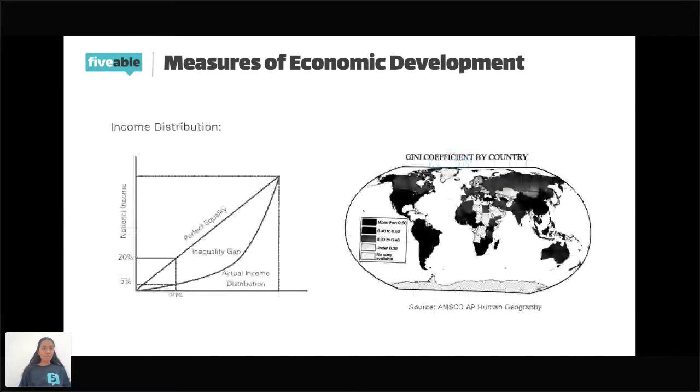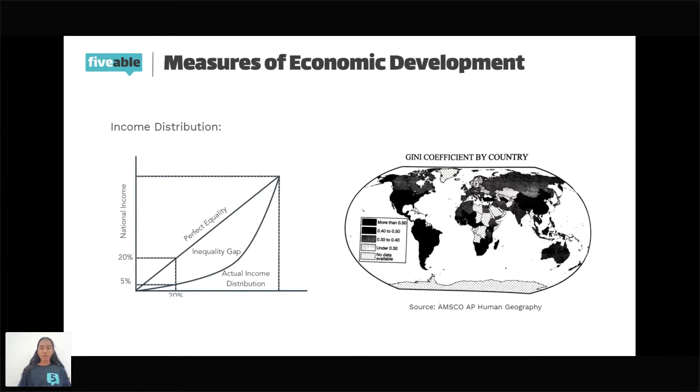So there's some more measures of economic development. This is income distribution, and this graph on the left is called the Lorenz curve. You don't need to know it for AP Human in general, but it basically just shows how much income inequality there is. And it gives you this value called the Gini coefficient. That's just a measure from 0 to 1, 0 being perfect income equality, and 1 being the max income inequality you can have.